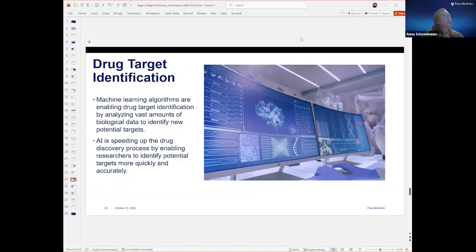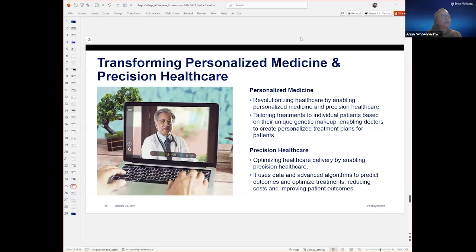Okay. Further on, regarding how AI is targeting certain types of drugs, it's really just speeding it up more quickly and more accurately. But again, always tread cautiously with AI tools.